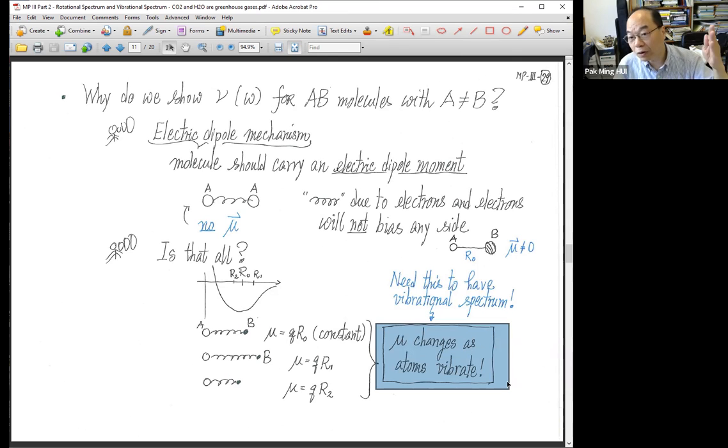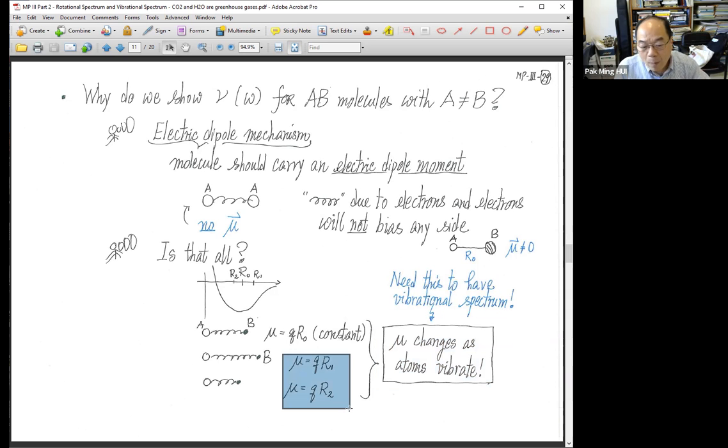That is what we need for the rotational case. But in this vibrational case, it is a little bit more. When the molecule vibrates, we also need the electric dipole moment to be changing as it vibrates, okay? So if B is more negatively charged, A is positively charged, then in this case, you do have a varying electric dipole moment as the molecule vibrates.